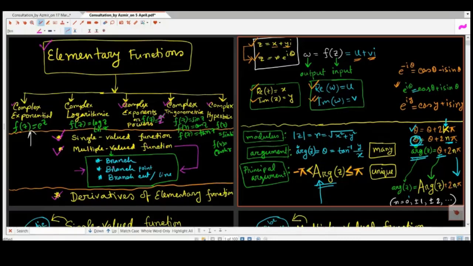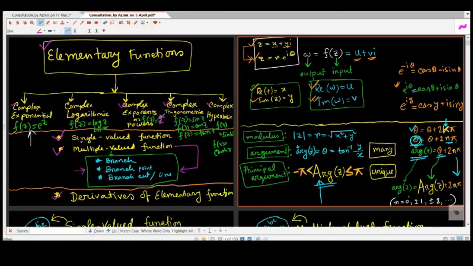These are not applicable for single valued functions. So whenever we have multiple valued functions, only at that time we can think about branch, branch point, and branch cut or line. So besides this, we have to know how to find derivatives of these elementary functions.